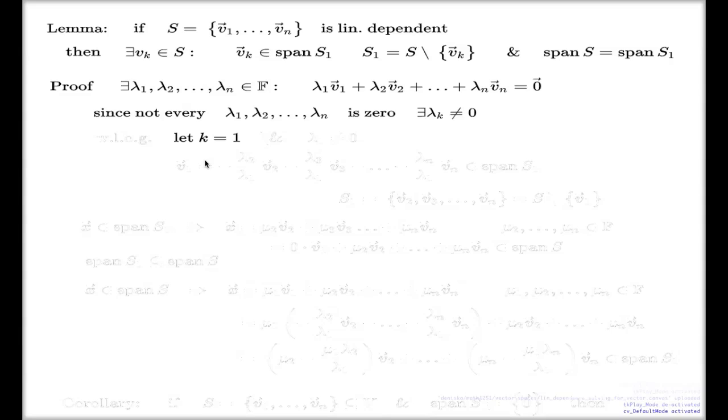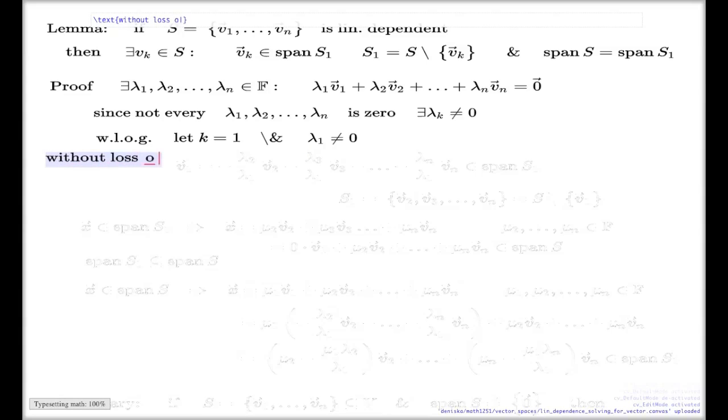My assumption will be, just to make the presentation simpler, that the first one, lambda 1, exactly the first one, is non-zero. Sometimes in the books they put this WLOG in front, which reads without loss of generality. You can make this extra assumption.